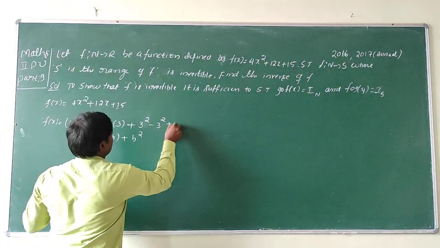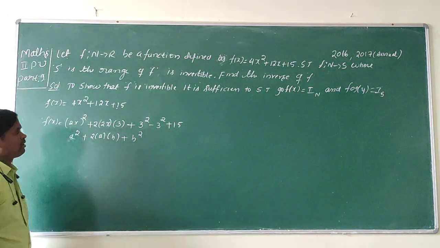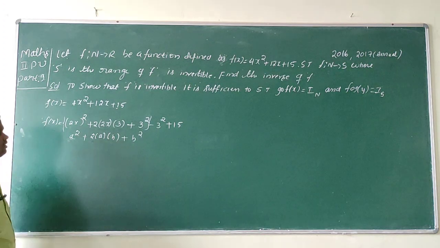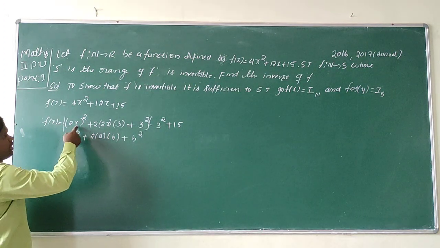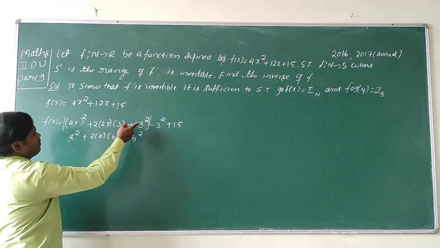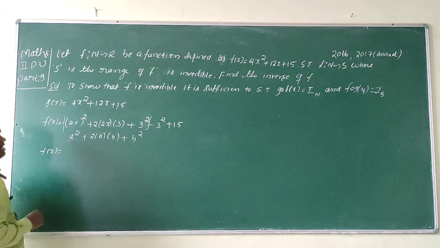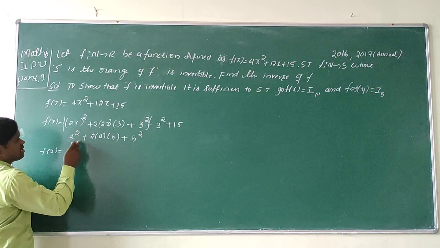Observe here, I take a bracket for this. It is of the form a square plus 2ab plus b square, so it can be written as a plus b whole square, where a is 2x and b is 3.